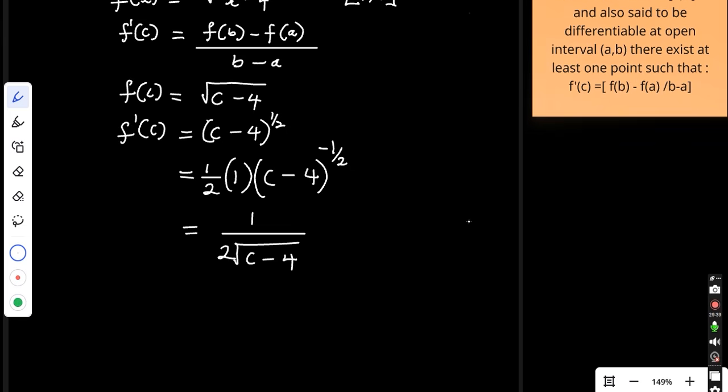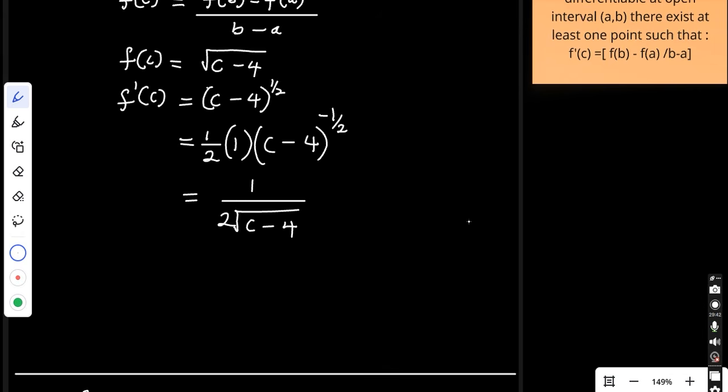Now we have to find f of b. So what is going to be f of b? f of b will be equal to the square root of 8 minus 4, and this is going to give us the square root of 4, which is equal to 2.